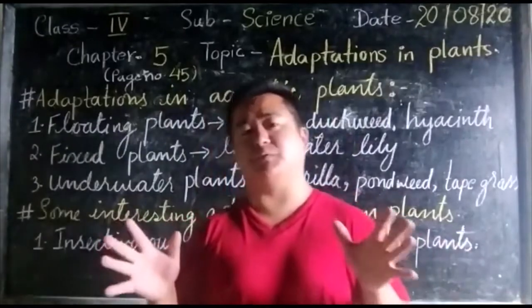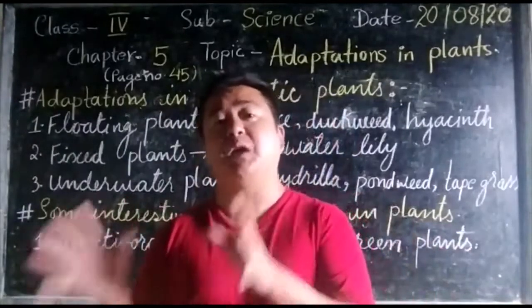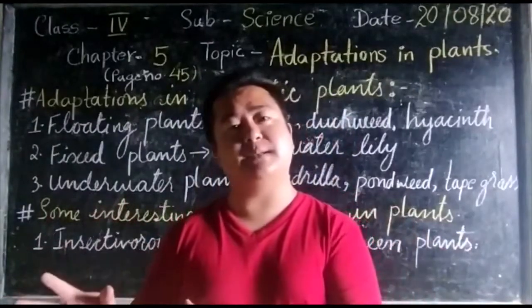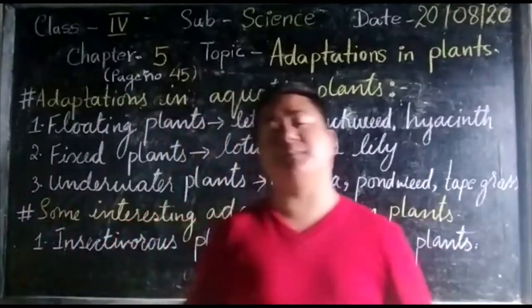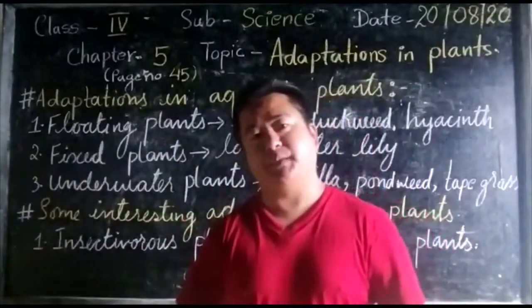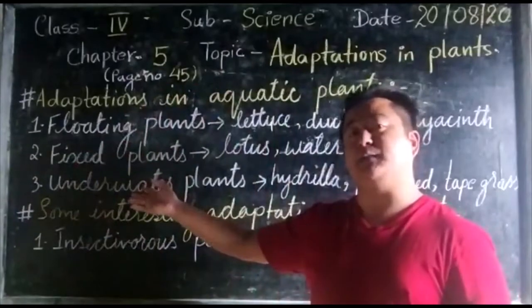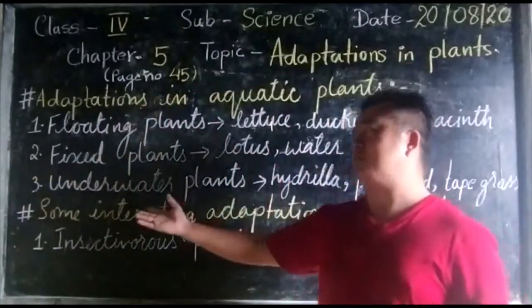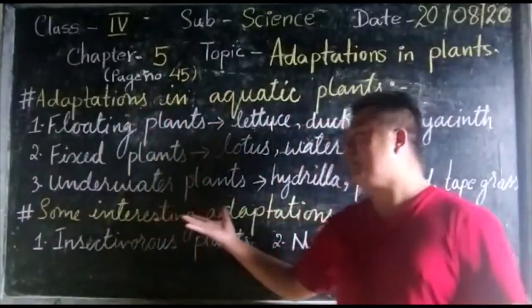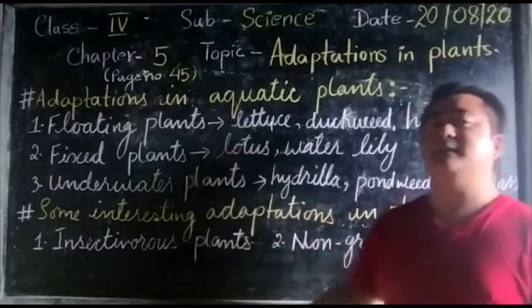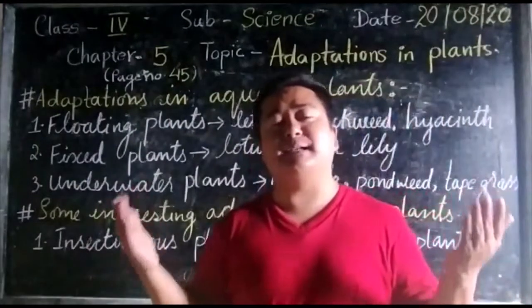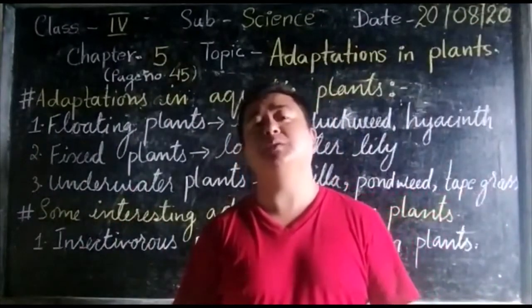We also came to know the various ways of adaptation in terrestrial plants. And today we have discussed the adaptation of aquatic plants and their types. Not only that, we also came to know some interesting adaptations in plants, especially the insectivorous plants and some non-green plants.